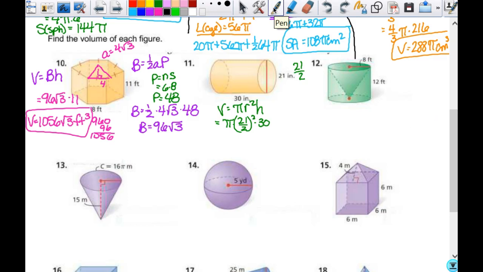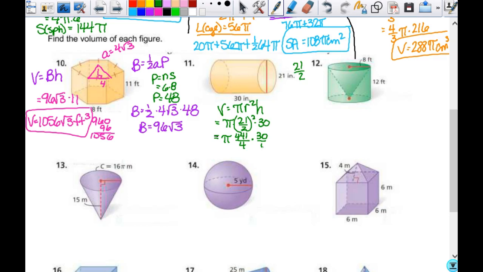All right, so when you square this, though, you've got pi times 441 over, what's the denominator? 4 times 30 over 1. Can you reduce before you multiply? You actually can, but it may be easier for you if you didn't.